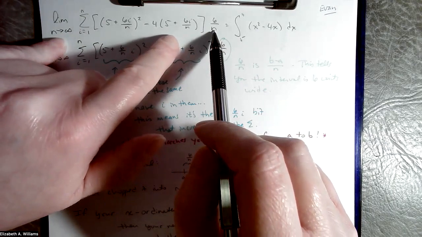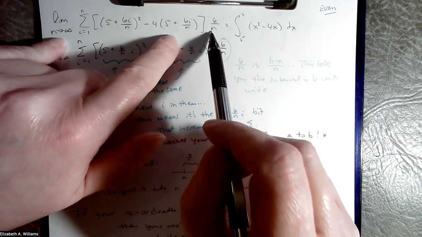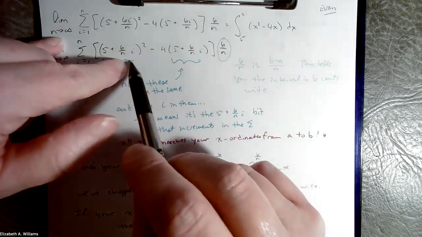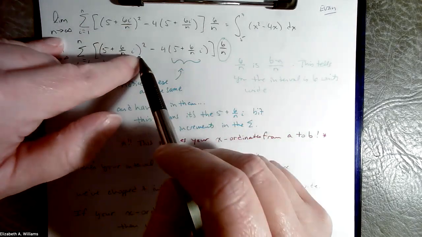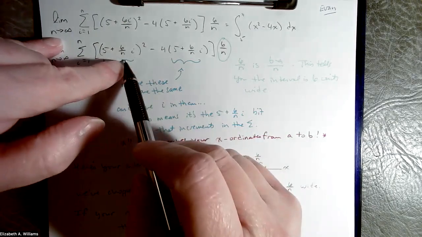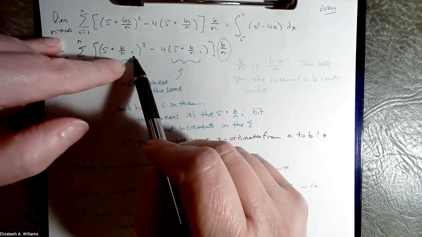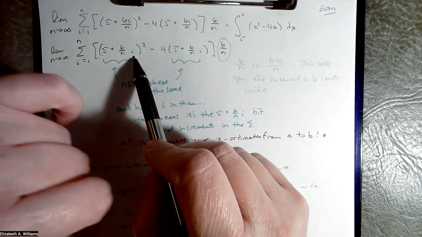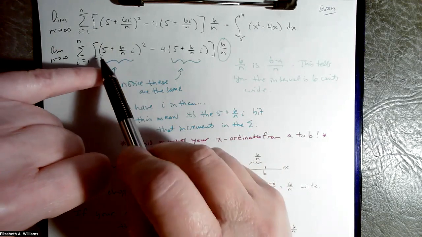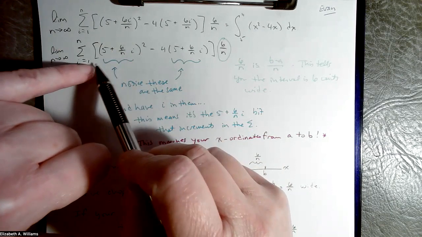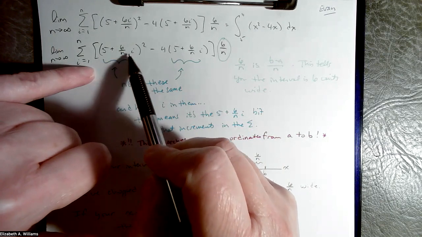The first thing I did was say, we've got 6 over n here and 6 over n here, and let's rewrite that as 6 over n times i. I know 6i over n is the same thing, but it looks better to my brain this way, because then I can see more clearly that it looks like we're starting at the number 5, and when i is 1, we're adding on 6 over n.